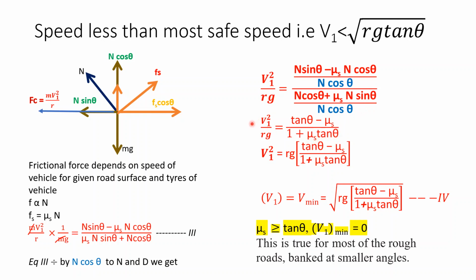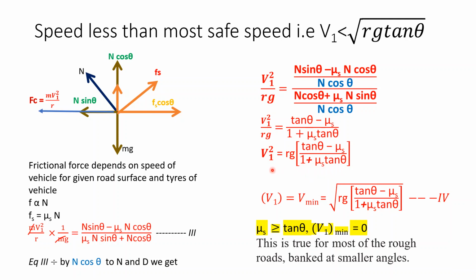So we get the equation v1 square upon rg equals tan theta minus mu s upon 1 plus mu s tan theta. Rearranging the terms, we can write v1 square equals rg into tan theta minus mu s upon 1 plus mu s tan theta.